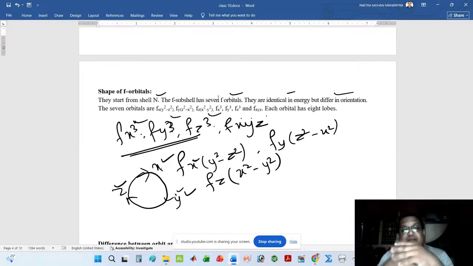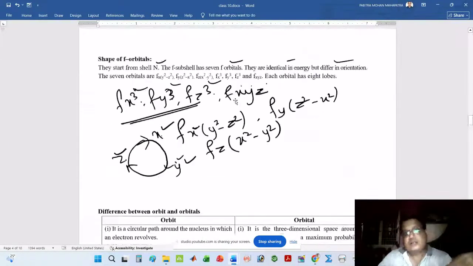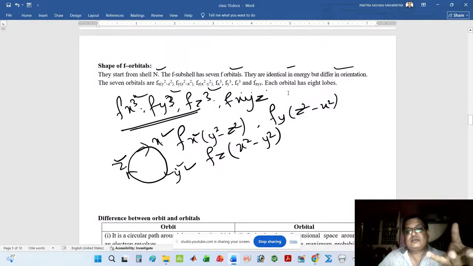Only remember there are 7 f orbitals belonging to the f subshell. Each orbital has equal energy but a different orientation. Remember another important point: each orbital has 8 lobes. It is very difficult to show 4 lobes, and also very complicated to show 8 lobes.